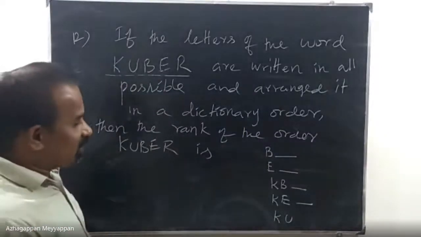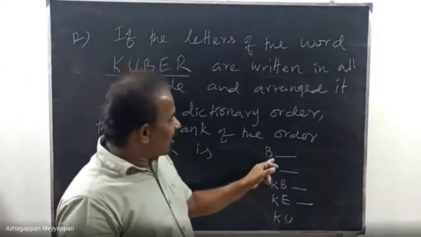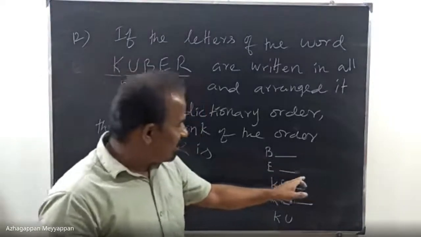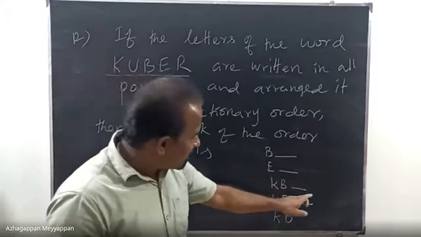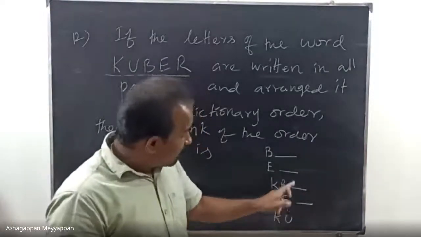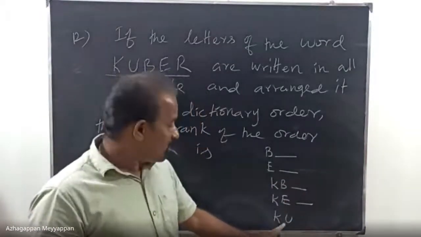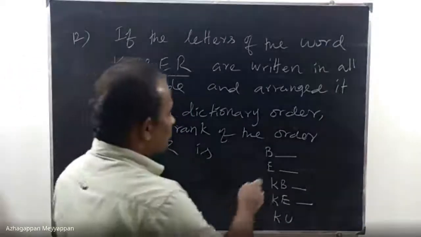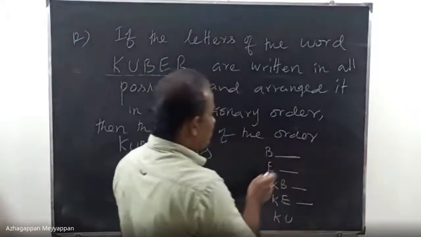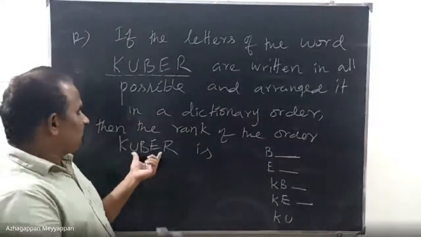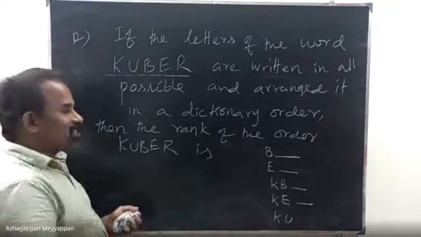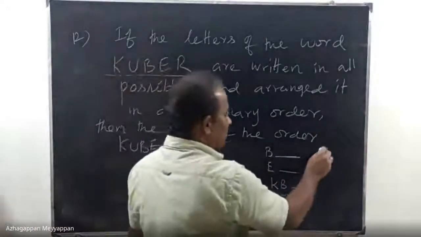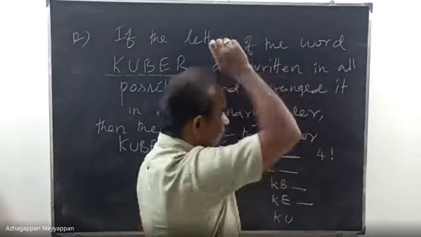So we have to see how many arrangements start with B, with E, with KB, then KE, then KU will come. Totally how many letters? A 5 letter word. So starting with B, the remaining 4 letters can be arranged in 4 factorial ways.